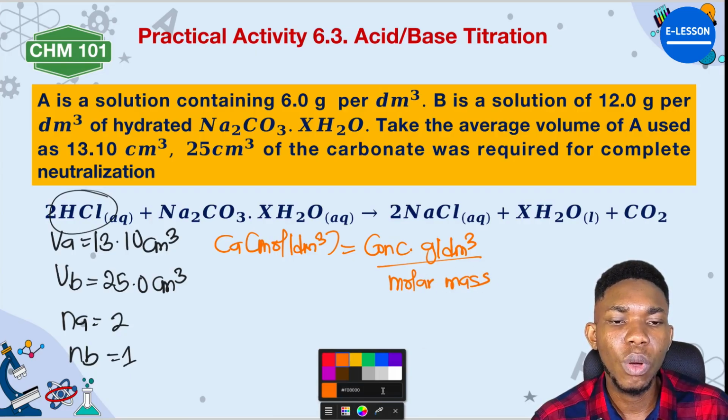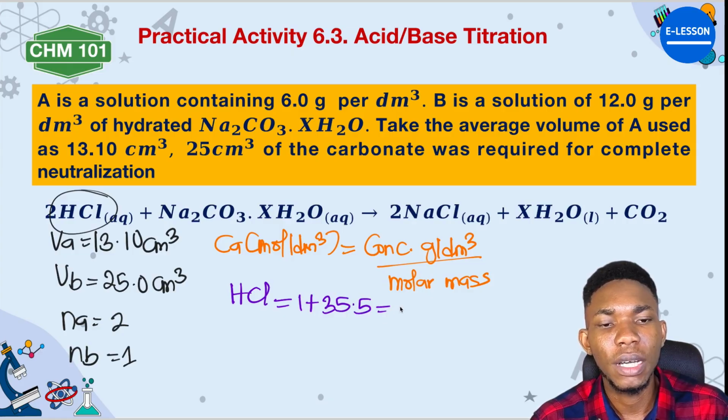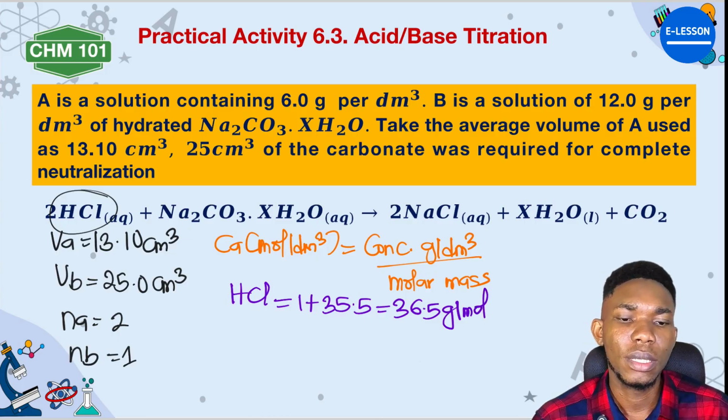Now, in this question, what is the molar mass of HCl? Hydrogen is 1, chlorine is 35.5, which we just calculated to be 36.5 gram per mole. Is that okay?